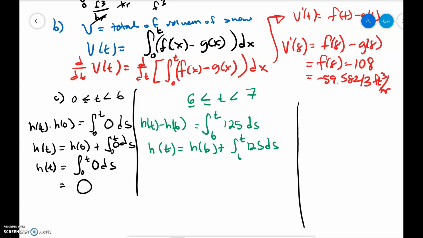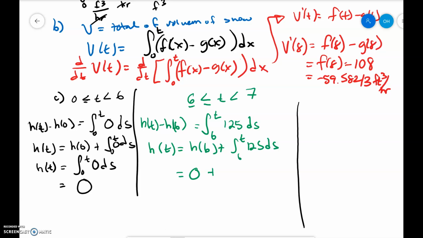So h of 6 is the total snow that was removed from the driveway so far. She hasn't removed anything. Just like that's why here, so far she hadn't removed anything, so it should make sense that this was 0. So I basically can ignore that part. This is 0.